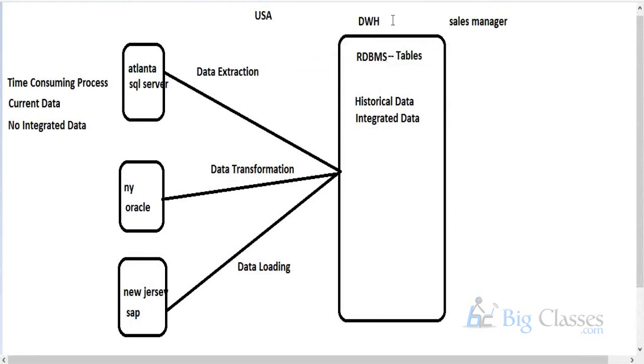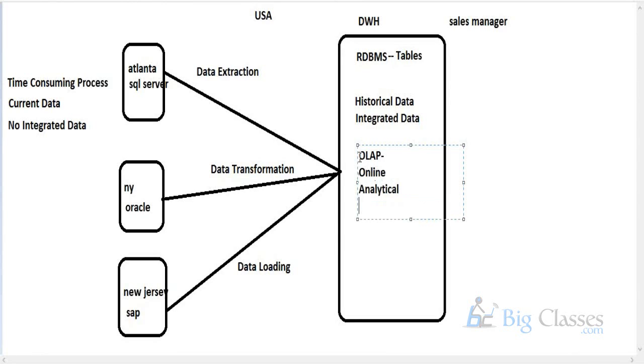We are going to perform the analysis based on the data warehouse. Because of this reason, a data warehouse is called an OLAP database. This data warehouse is called an OLAP application or OLAP database that you have. So what is this OLAP? OLAP is nothing but online analytical processing system.